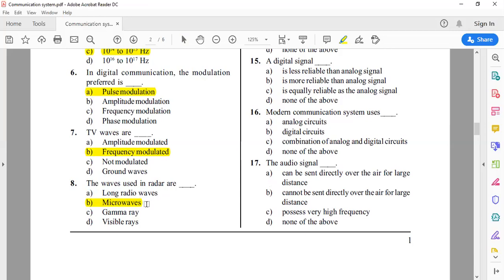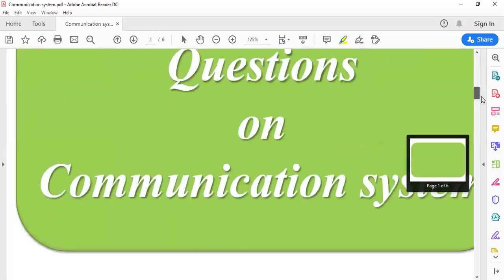So for question number 8, the correct option is B. Why? Because the energy of this microwave is greater than the radio waves, and these microwaves are used for long range communication.